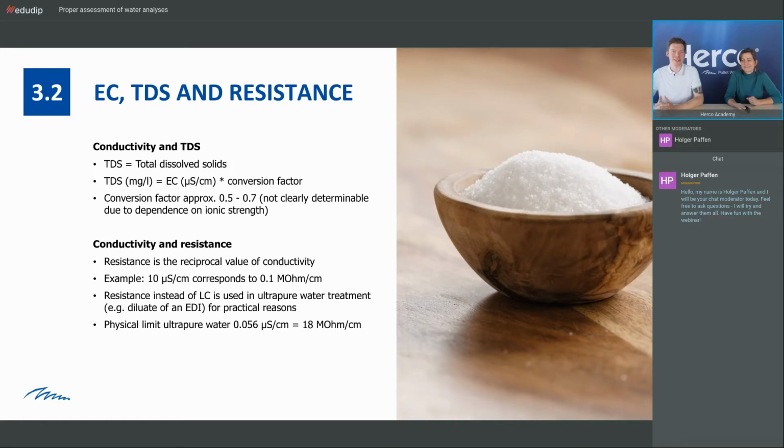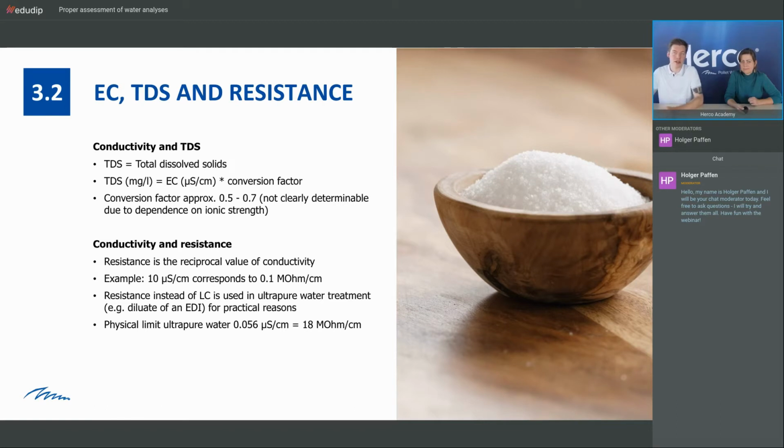The resistance is the reciprocal value of conductivity. An example would be 10 microsiemens corresponds to 0.1 megohm per centimeter. The resistance can be used instead of the conductivity and is used in ultrapure water treatment, for example electrodeionization, where we reach small values.